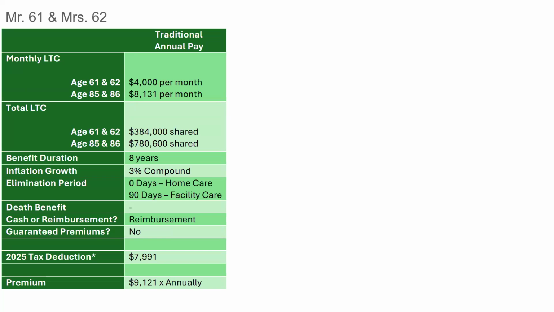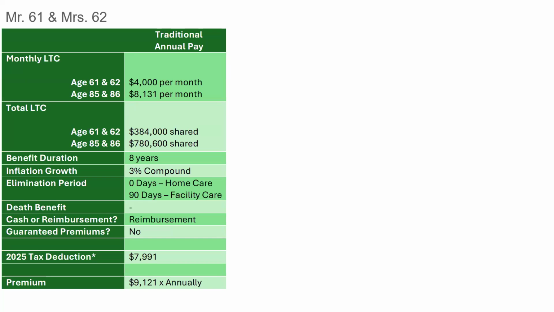There's no cap on how much you can deduct for C Corps. So if you're the owner of a C Corp, your deduction's unlimited. Most likely you'll be working with sole proprietors, S Corps, partnerships, LLCs or LLPs. Those are all pass-through entities, and you're able to deduct a portion of the premium based on age.